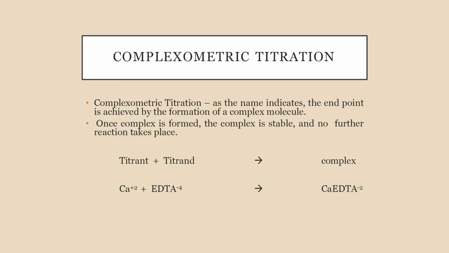Next, you have complexometric titration. As the name indicates, the endpoint is achieved by the formation of a complex molecule. Once the complex is formed, it is stable and no further reaction takes place. So you have your analyte plus your titrant giving you a complex. In this example, you have calcium and EDTA, which would give us calcium EDTA.